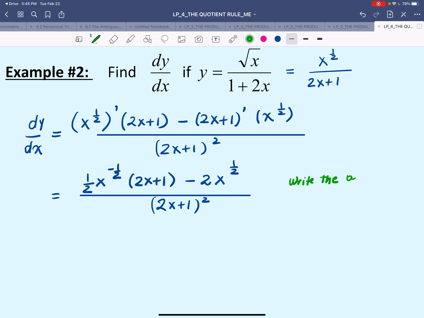So write the answer in the most simplified and factored form. Okay, so what we're going to do now is factor the powers that are in rational form. That is very important. So what we're going to do is factor the greatest common variable.